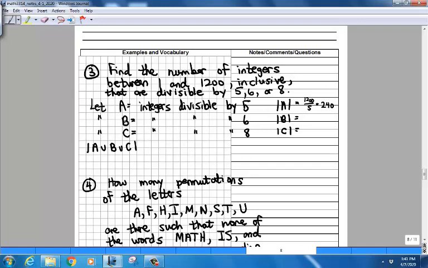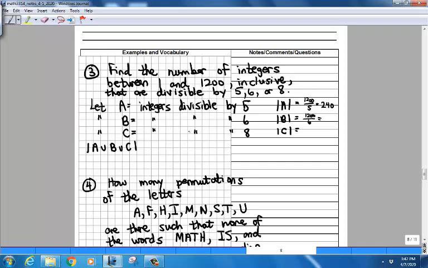Now I'm going to make corresponding definitions of sets for 6 and 8. So I'm going to let B be the integers between 1 and 1200 divisible by 6. And so we can easily compute this set B. That's going to be 1200 divided by 6, because every sixth integer between 1 and 1200 is divisible by 6.